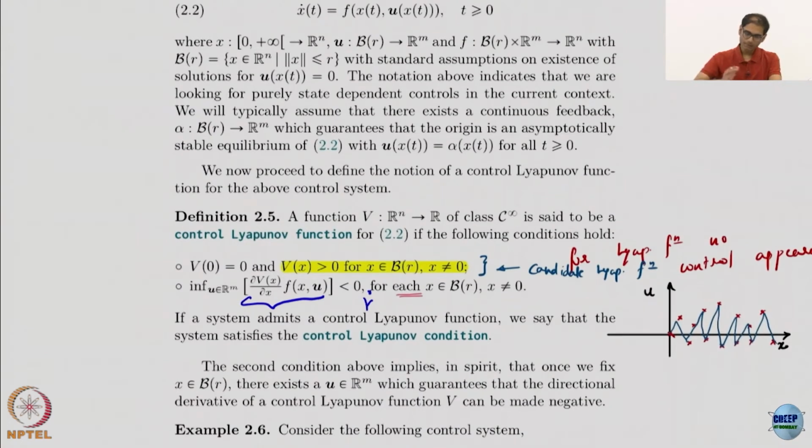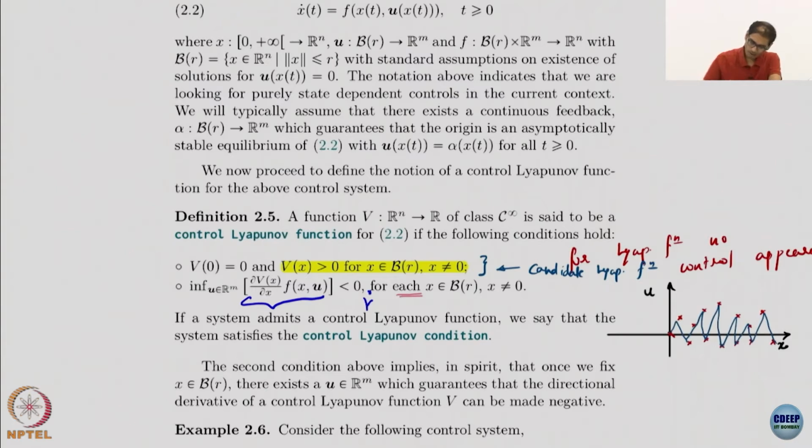Remember, until now, as always, V has no connection to the dynamics at all. V is just a function of x, could be anything, sin x, cos x, sin square, whatever, you just have to satisfy some assumptions. Just like in your Lyapunov theorem statements, it does not have any connection to the dynamics at all.